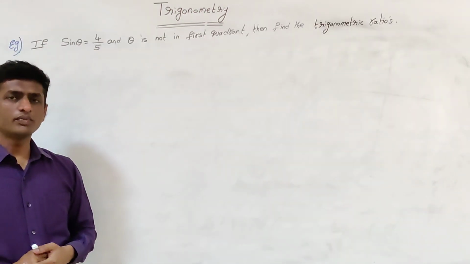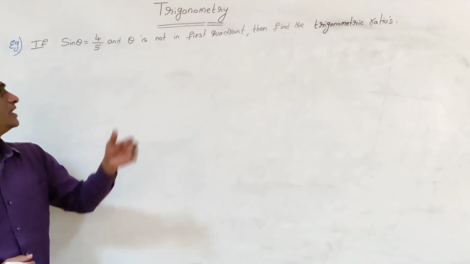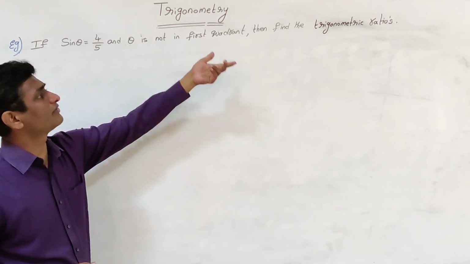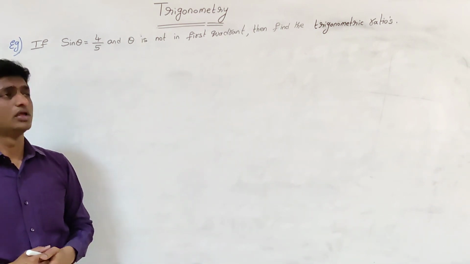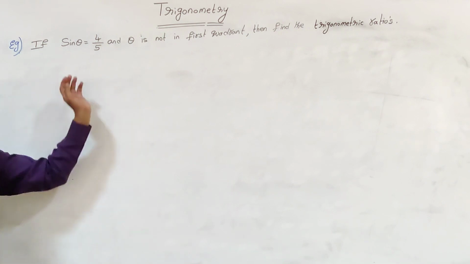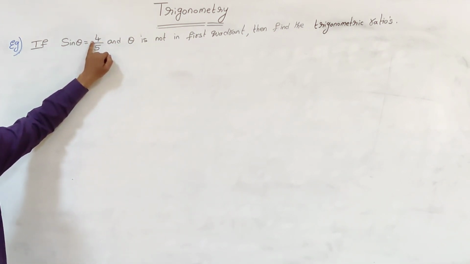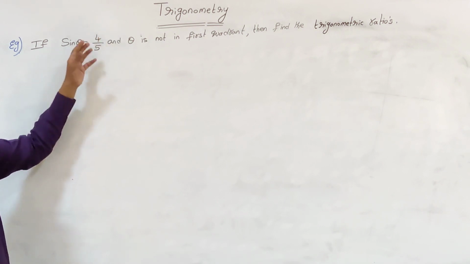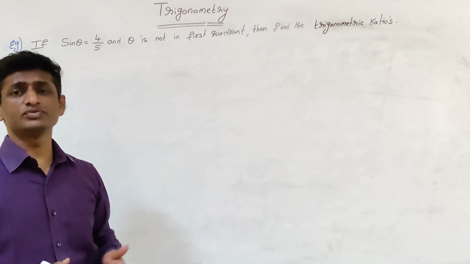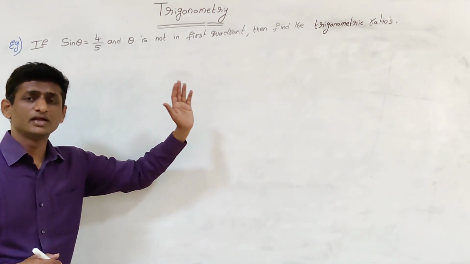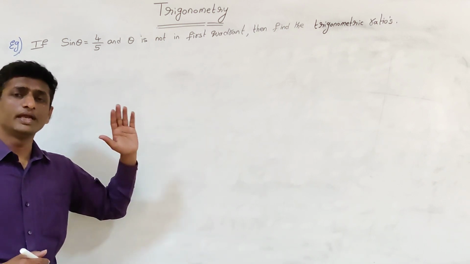So the problem is, if sin theta is 4 by 5 and theta is not in the first quadrant, then you have to find the other trigonometric ratios. So what is given? Sin theta is 4 by 5, which means what is the sign here? It is plus. In which quadrant is sin theta positive? Either in the first quadrant or in the second quadrant.